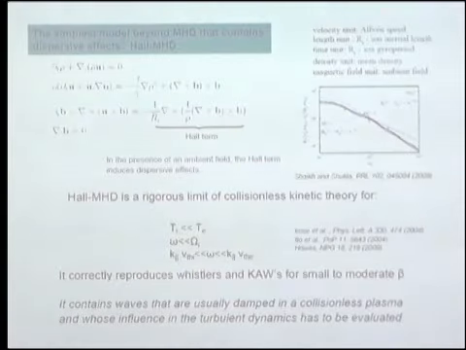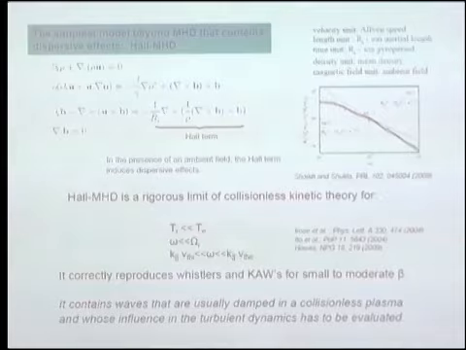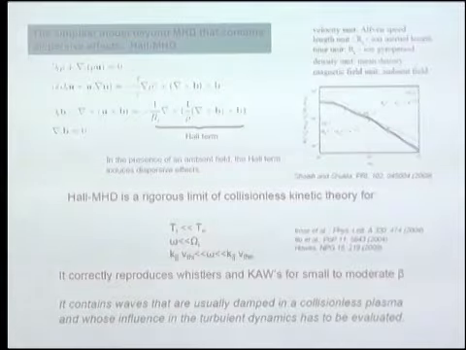So it only reproduces whistler and kinetic Alfvén waves for small to moderate values of the beta parameters, but does not contain the damping associated with Landau effect, which can completely damp slow waves and thus change the nonlinear couplings.